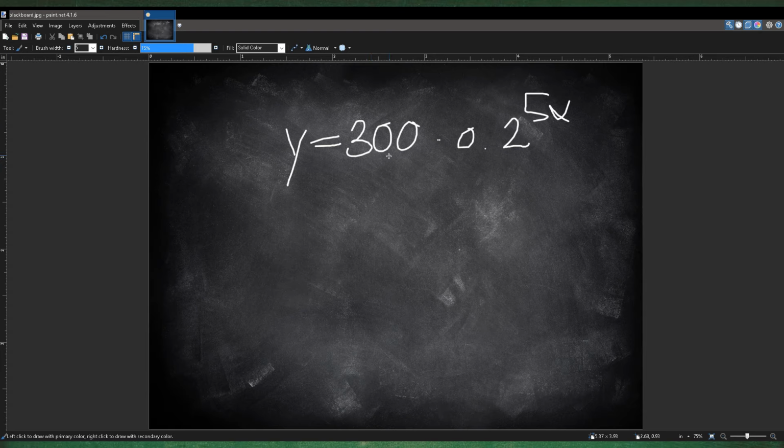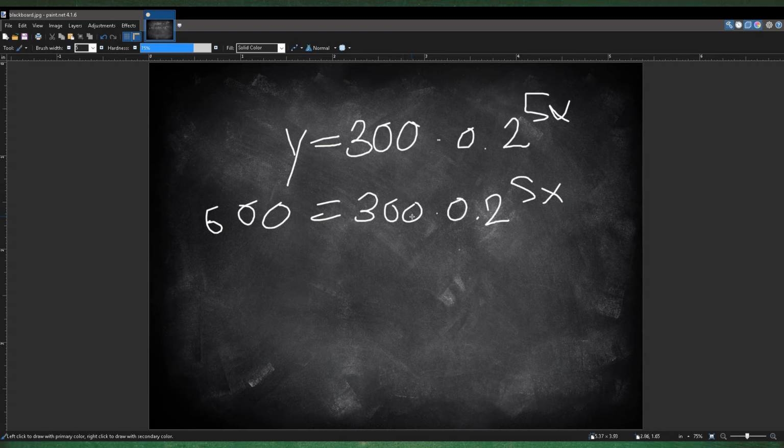So if this is 300, when would it be 600? So 600 is equal to 300 times 0.2 to the power of 5x. So you divide by 300, you get 2 is equal to 0.2 to the 5x. And then you use your calculator and you find what x is equal to.